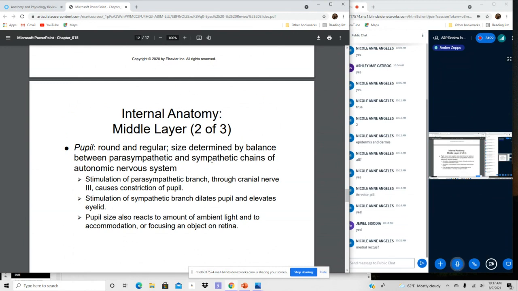So stimulation of the parasympathetic branch through cranial nerve 3 will cause constriction of the pupil, whereas stimulation of the sympathetic branch dilates the pupil and elevates the eyelid. The pupil size also reacts to the amount of ambient light and to accommodation, or focusing an object on the retina.